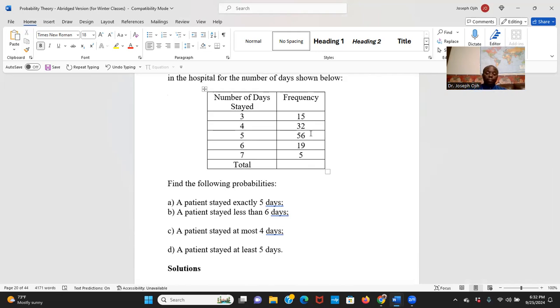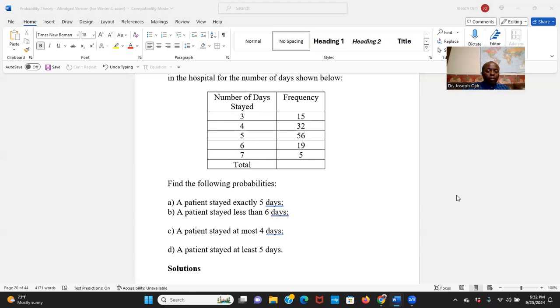So we have 15 plus 32 plus 56 plus 19 plus 5. Let's get the total from the calculator.